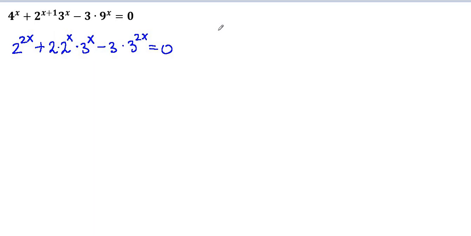Since 2 to the power of x times 3 to the power of x cannot be equal to 0, I can divide both sides by 2 to the power of x times 3 to the power of x.